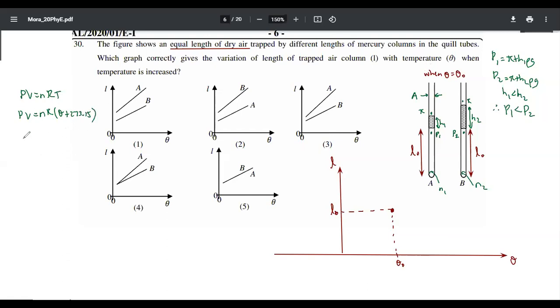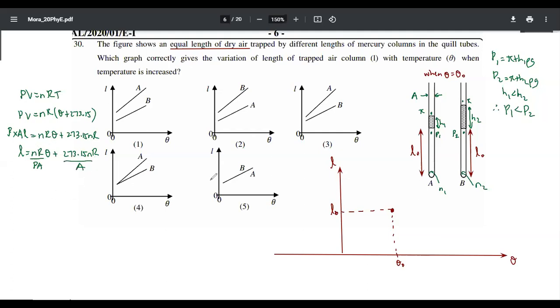For volume, I can put A into L. That's where the length comes. P A L equals nR(theta plus 273.15). So length L equals (nR over PA) theta plus 273.15 nR over PA.